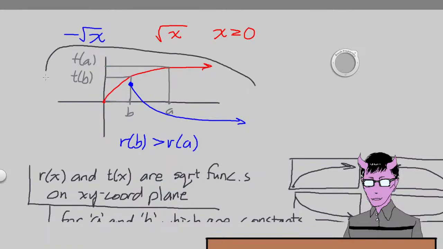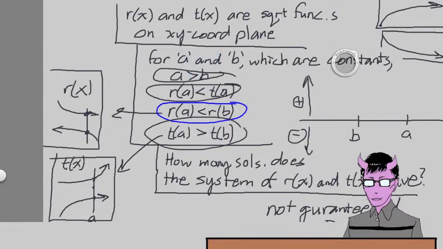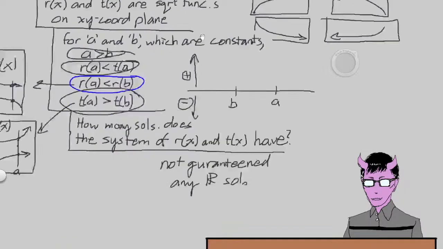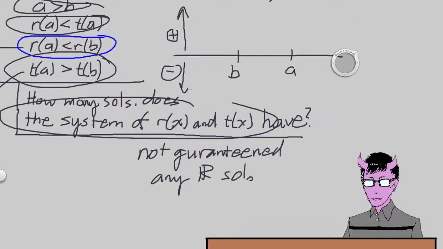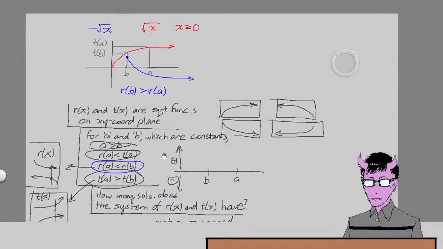So I can deliberately design a situation where they have no intersections, but all 4 of these conditions are satisfied. So because we've satisfied all 4 conditions, but they don't have an intersection, then we've falsified the idea that they're guaranteed one solution. So they're not guaranteed any real solutions. And I think that's satisfactory enough.